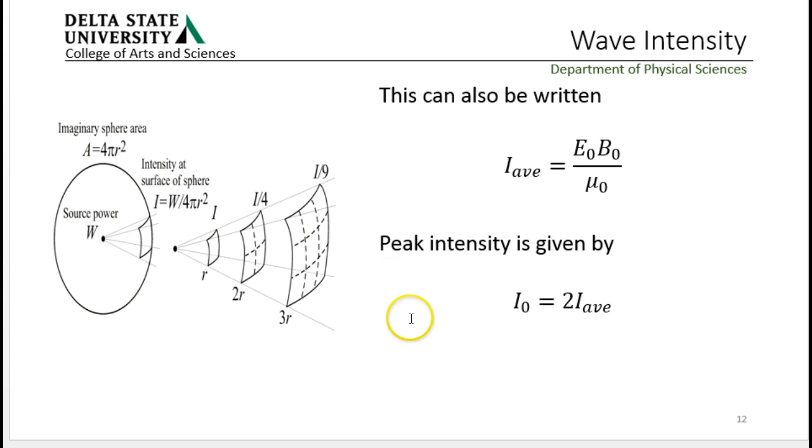And so the peak intensity is simply twice the average. This is a lot like what we saw when we talked about circuits, where peak power was twice the average power, twice the RMS power. All right, and so that's it for our second little segment on electromagnetics.